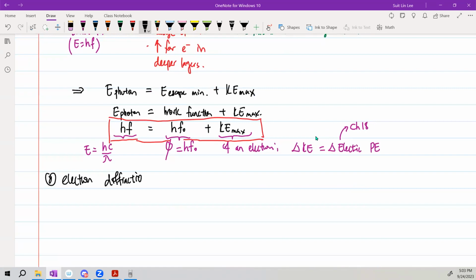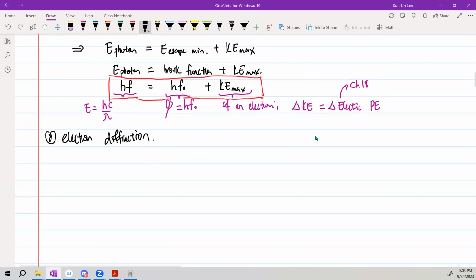The electron diffraction is basically saying that now electron behaves like a wave. So this is the wave-particle duality. Electron like wave, wave like particle. Everything is a blur. Correct.